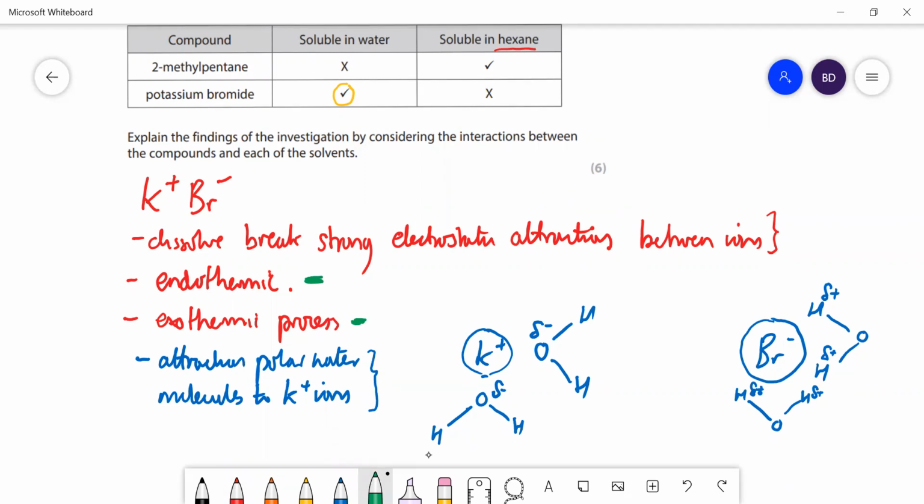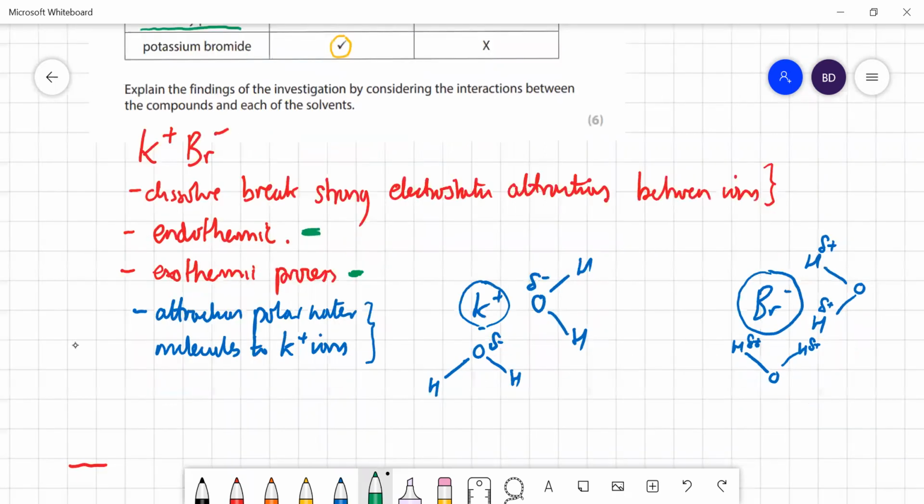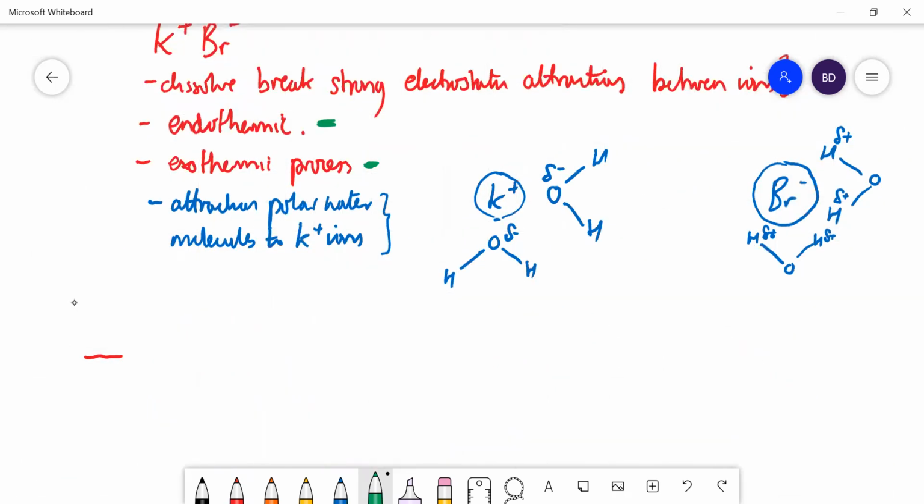Right, now let's talk about methylpentane. Methylpentane is soluble in hexane, but it's not soluble in water.